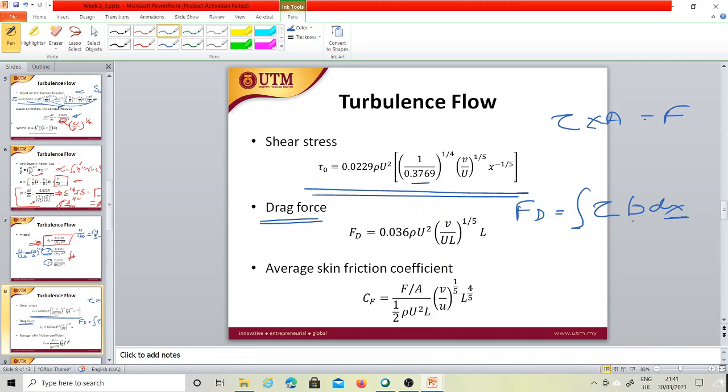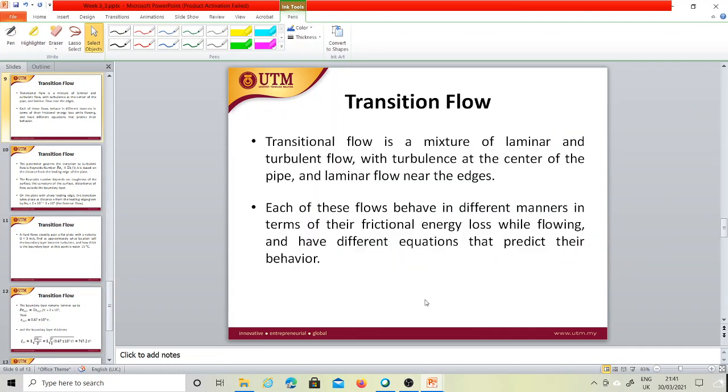Sometimes b is unit width, so b is 1, and you just need to integrate tau with respect to x, from 0 to L throughout the whole length. That's why we have the L here. If you have x, you replace it by L, and then you can have this expression for the average friction. I think something is wrong here. Anyway, we will see the equations later when we solve the problems.